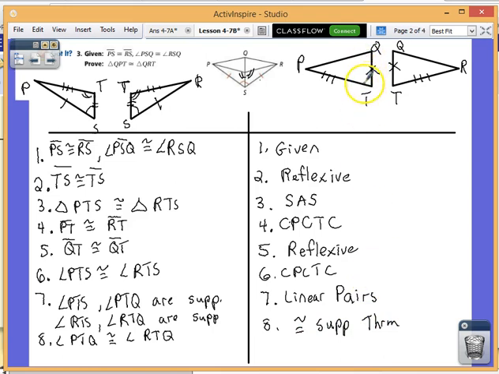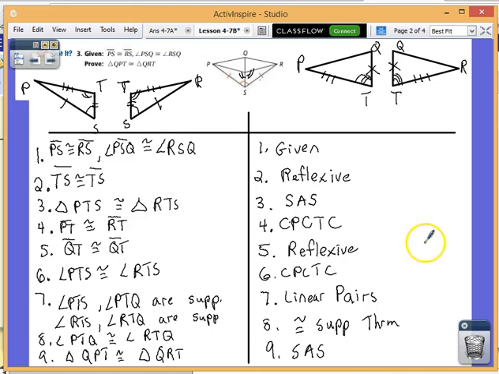That makes this angle right here congruent to this angle right here. And now why would those two triangles be congruent? Right. So now you can say the proof statement: triangle QPT congruent to triangle QRT, and your reason is side, angle, side.